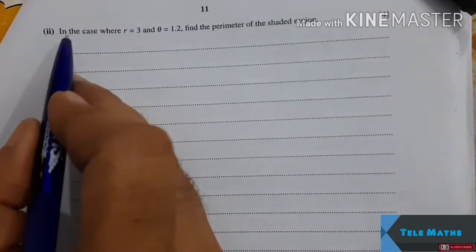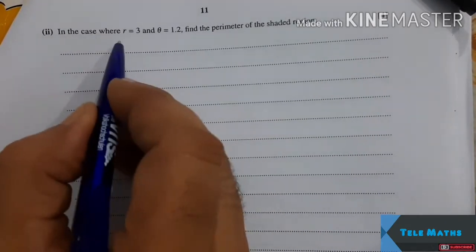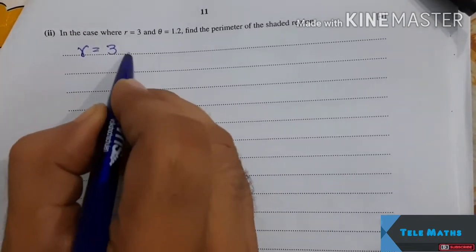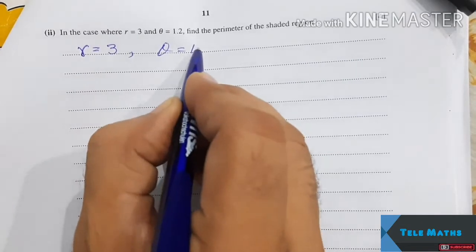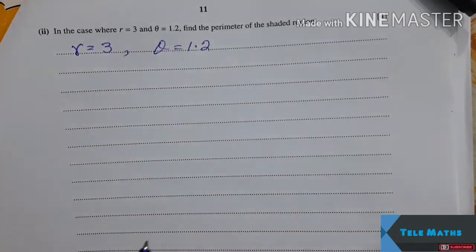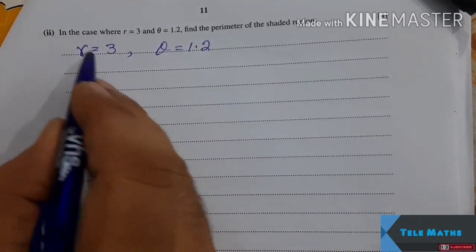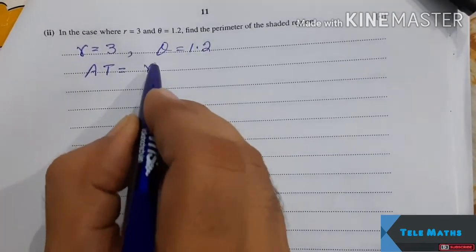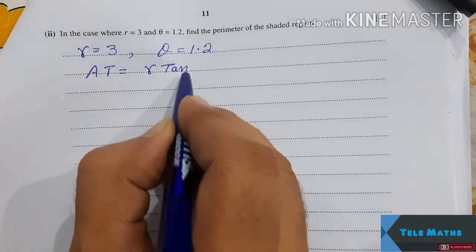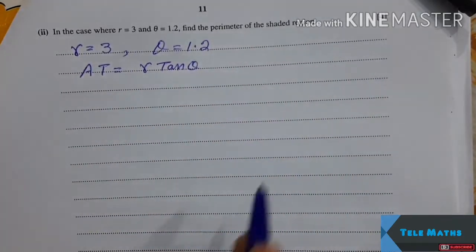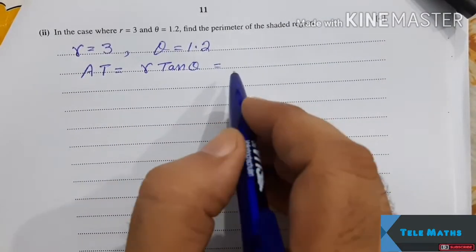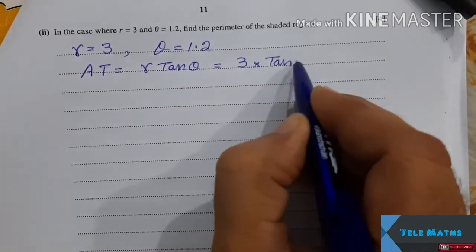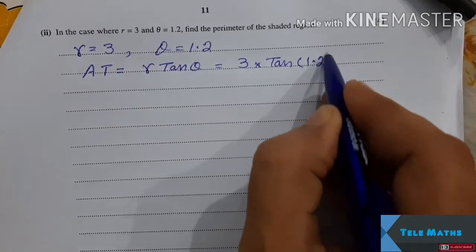So first of all, the values for R and theta for this part are 3 and theta is 1.2 radians. AT, I already got, which is R tan theta from the previous part. So put the values: R is 3 into tan 1.2.